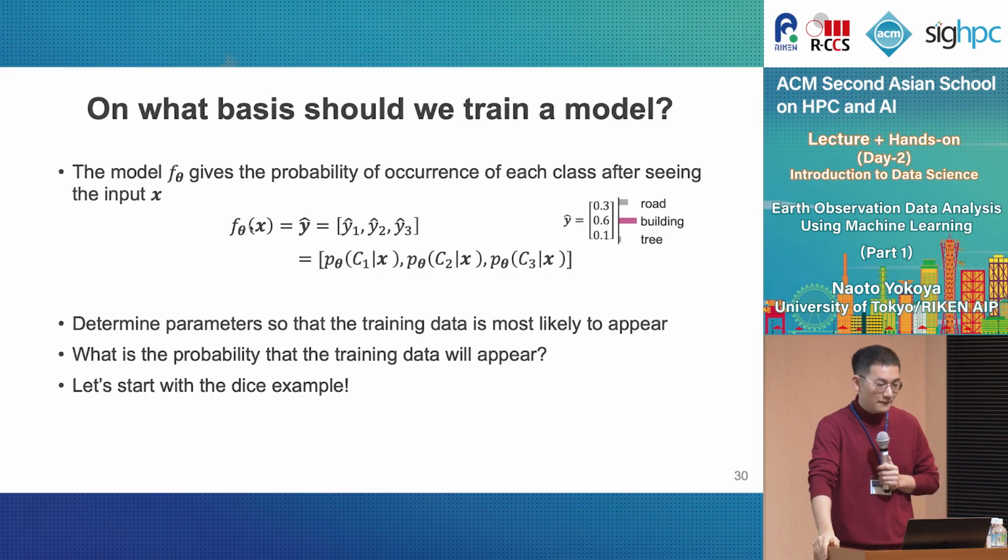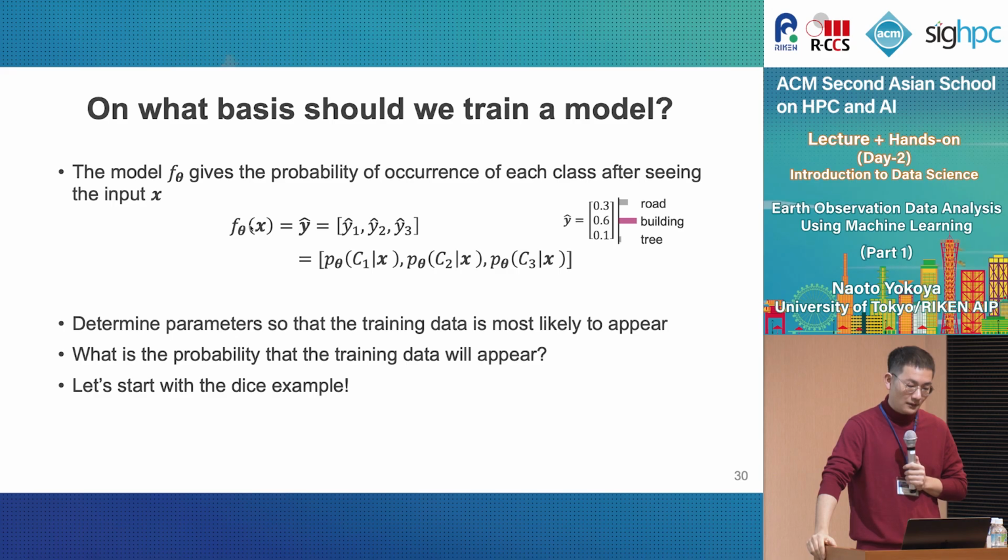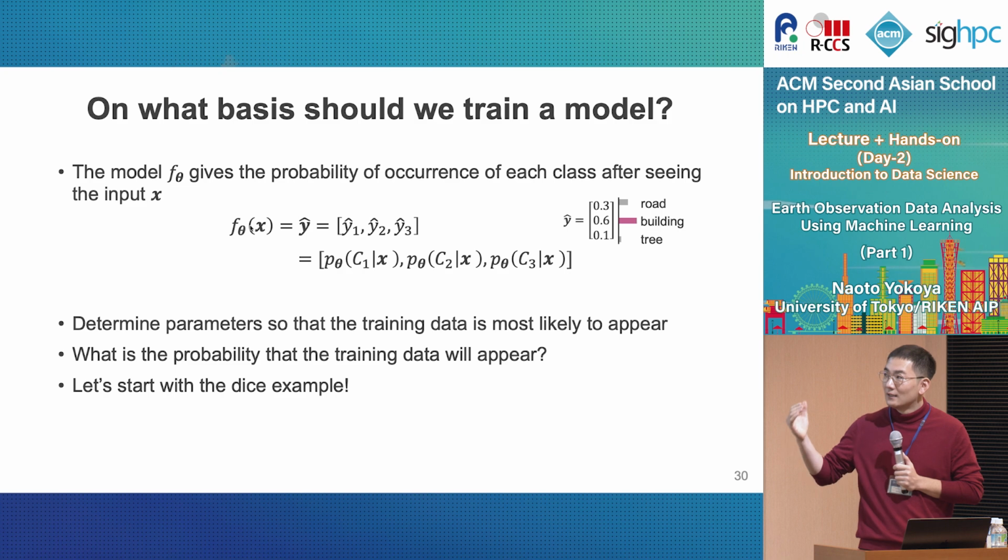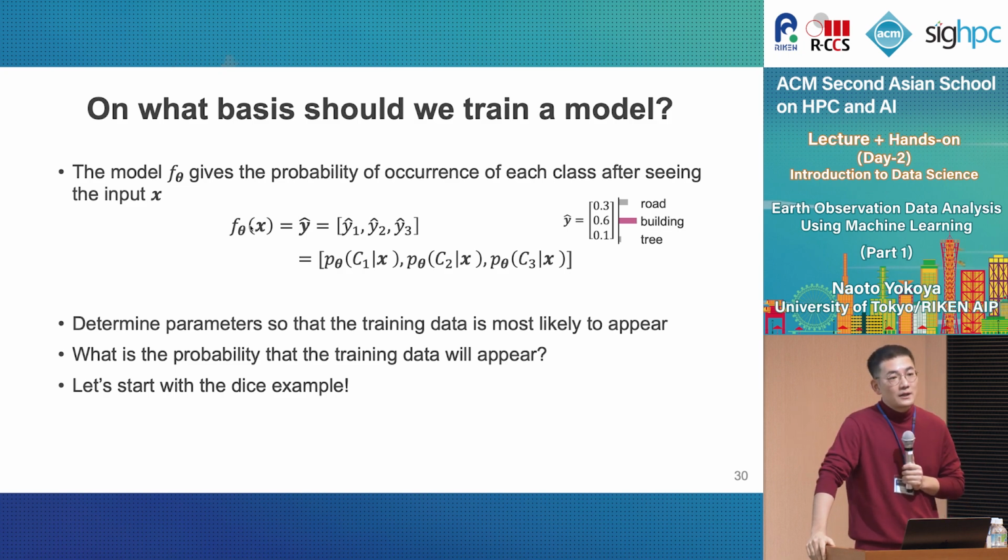So that's the same for the model. So we need to set up the goal. And just introducing loss function, it can be done in a few minutes. But today this is a lecture for school. So let us think about what kind of objective function to be used by considering through probability.